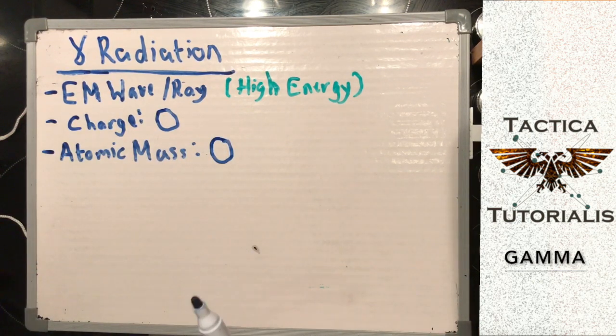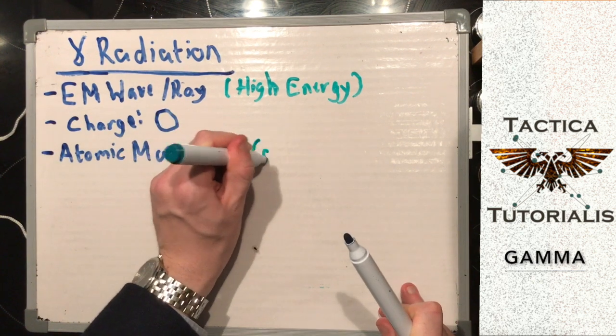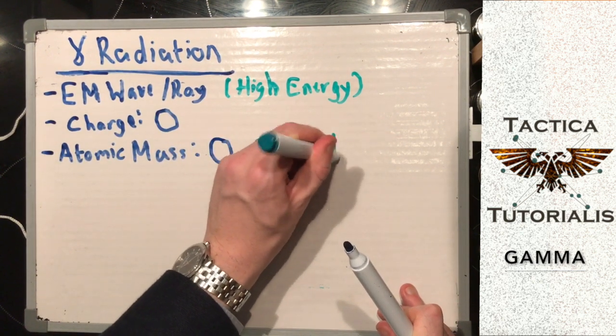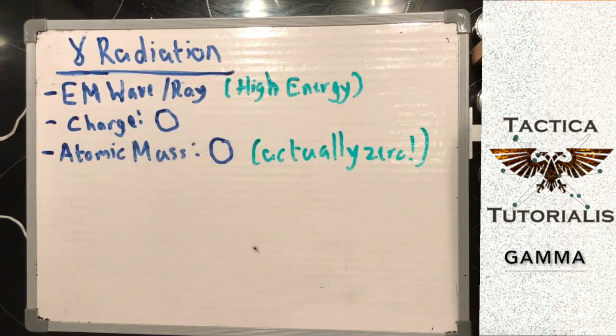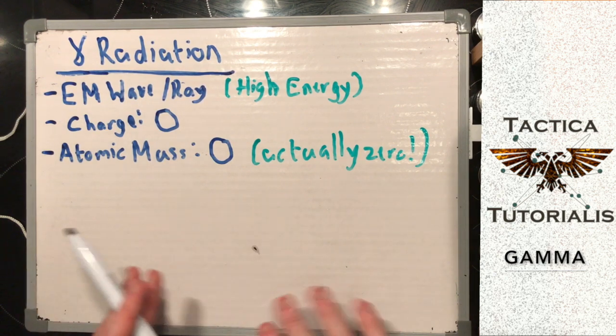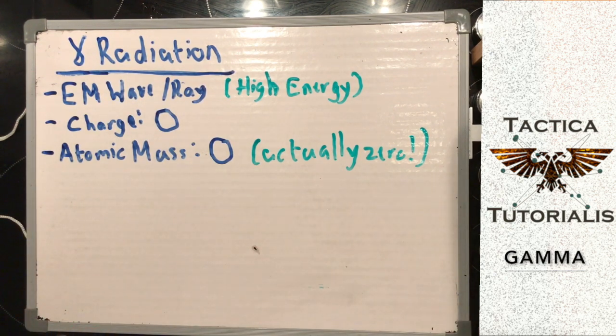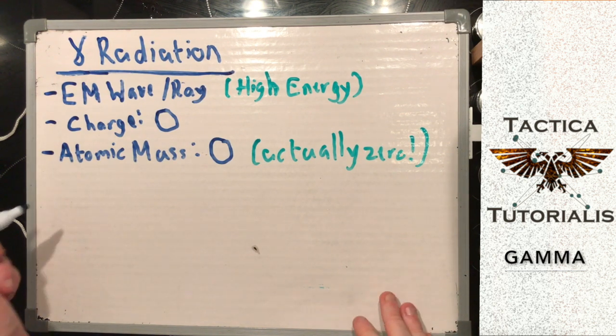I'm actually going to write in green, actually 0. Not this 1 over 1,600 that we ignore nonsense with the electron. No, actual 0. EM radiation and light has no mass. The reason for that is because it travels at the speed of light. It's basically down to Einstein's E equals mc squared plus all that stuff. Yeah, not getting into that. Would love to, but I'm not going to.